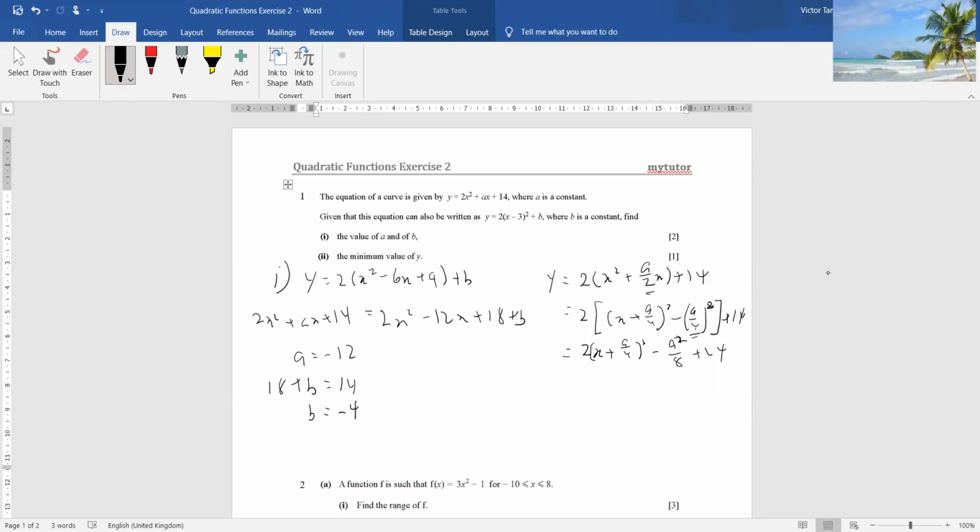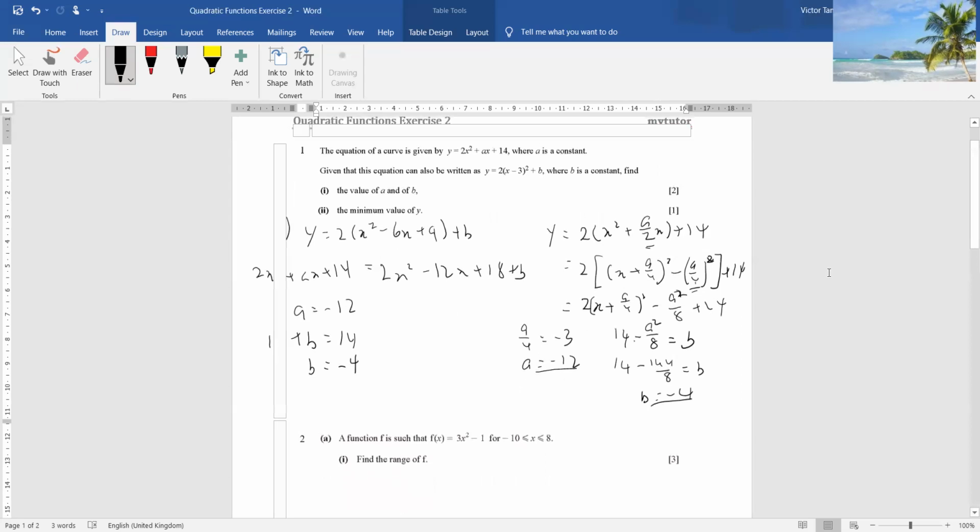So when you compare, a over 4 is minus 3, then you have a equals minus 12. 40 minus a squared over 8 equals b. 40 minus 144 over 8 equals b. 144 over 8 is 18, so b is 22. So either way, you choose whichever way is simple.